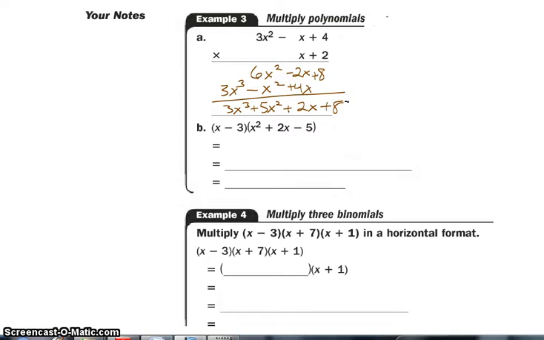Personally, I usually don't like to rewrite my problems vertically for multiplication because it takes up more room, but if it works for you, hey, all the better. Otherwise, you could just do essentially a longer FOIL.